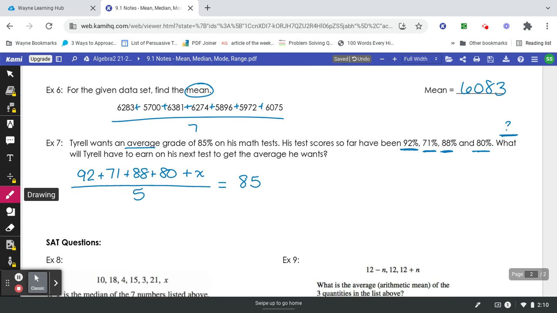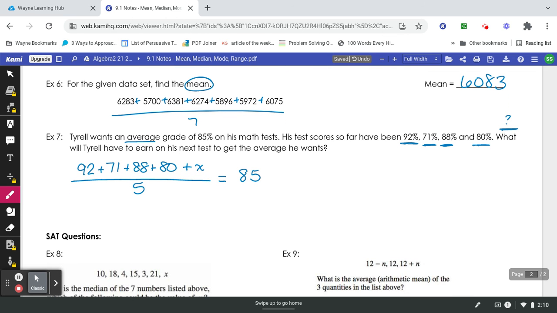Now we get to solve it more like a regular math equation. We're going to start by adding all these up. Since all of those are just regular old numbers, I'm going to add those together. 92 plus 71 plus 88 plus 80 gets me 331 plus x over 5 equals 85.